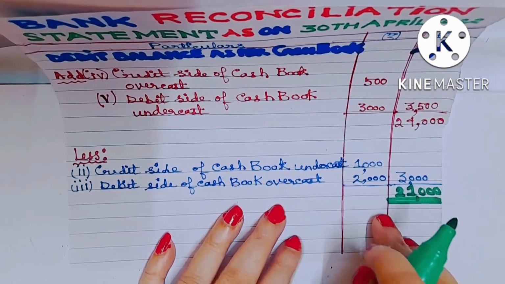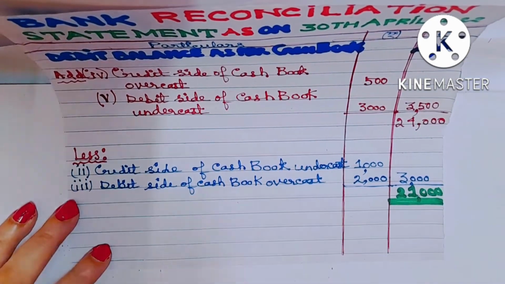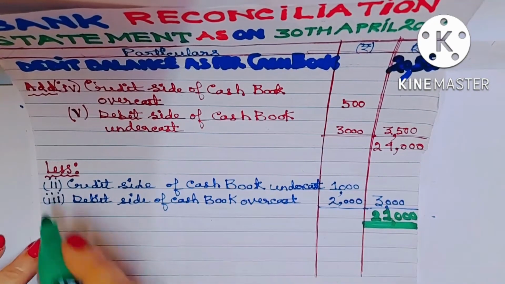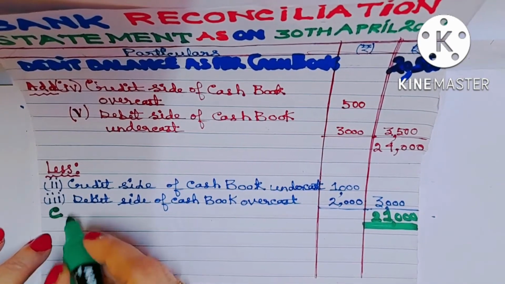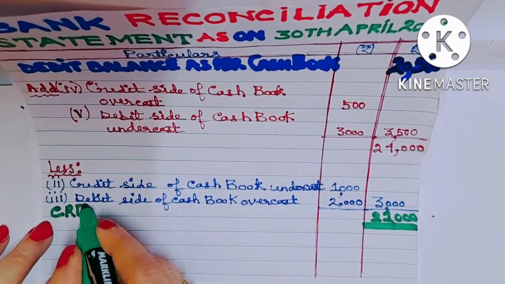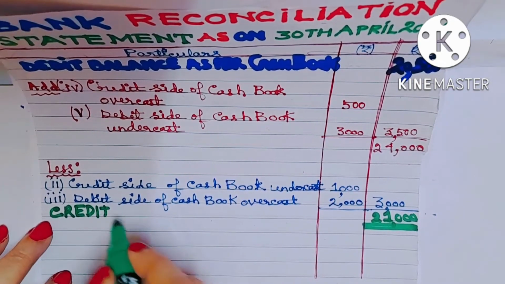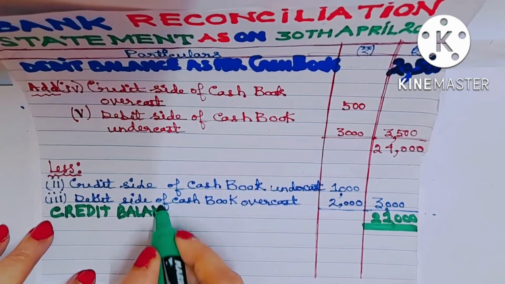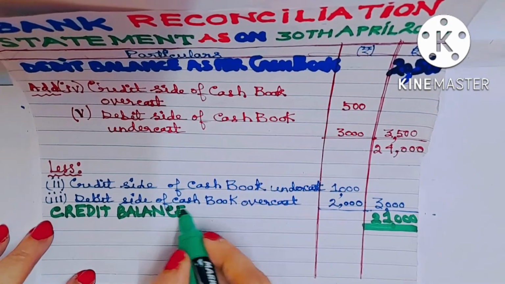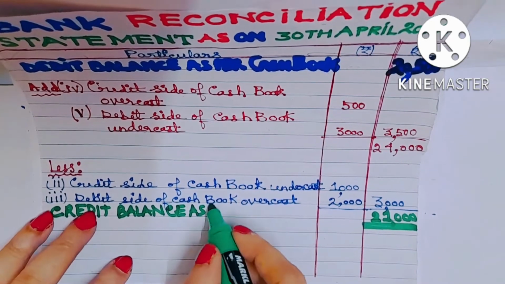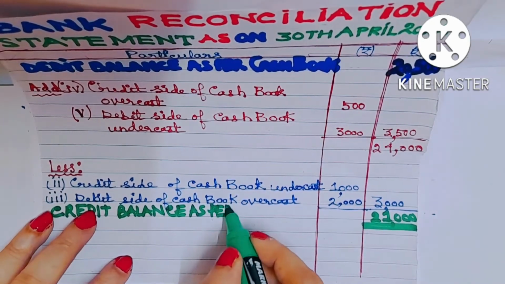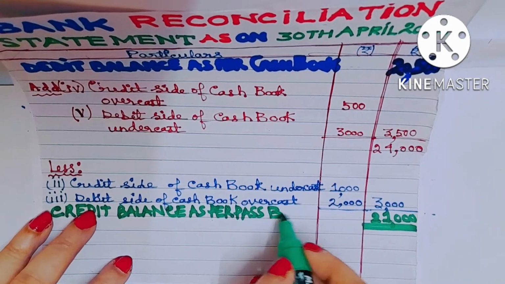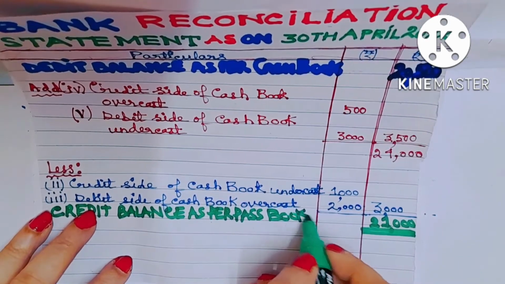So what is this 21,000? Credit balance as per passbook. Okay? Remember.